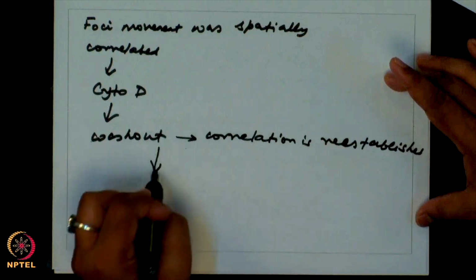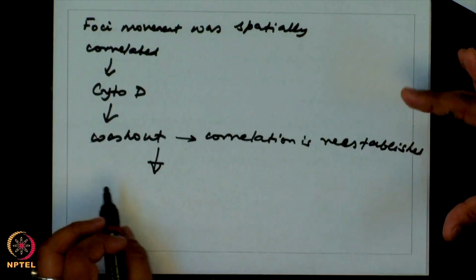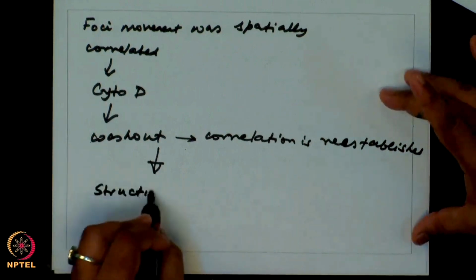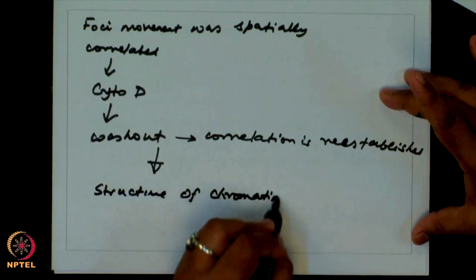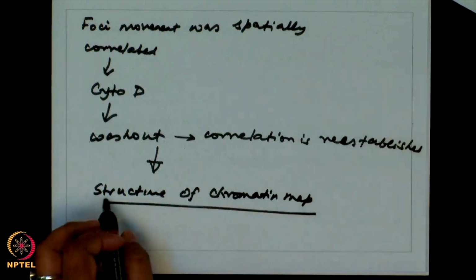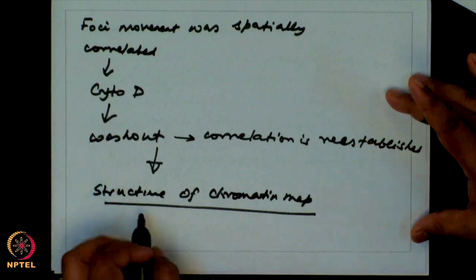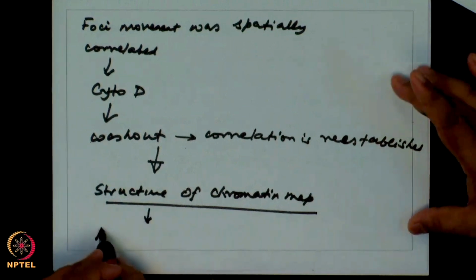What all these experiments suggest is that there is an imprint, a structure of the chromatin map. This structure is controlled by multiple forces like contractility.